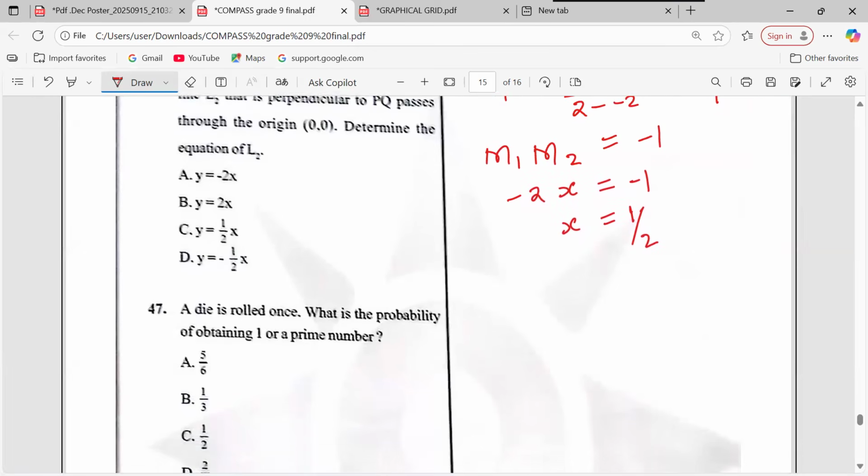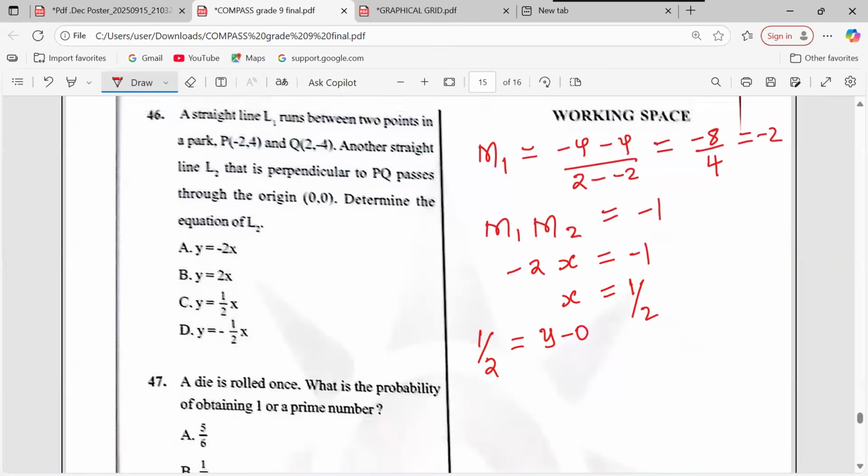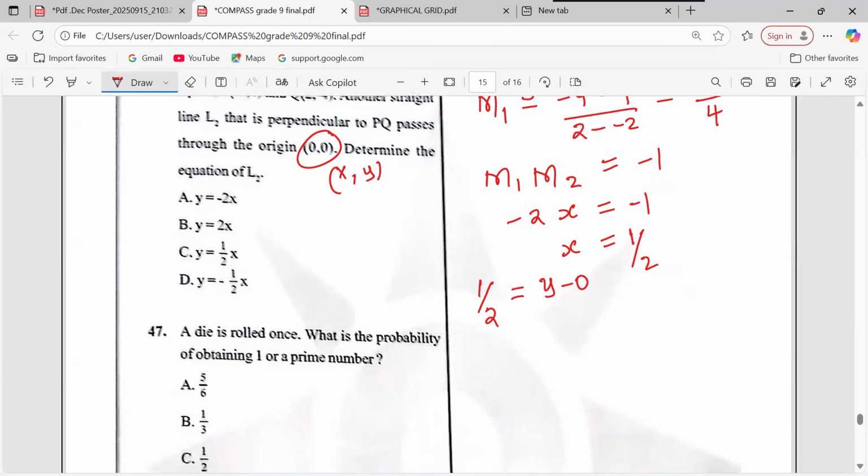Let's express this gradient for us to come up with the equation. So half equals change in Y, Y minus 0. Remember the line with a gradient of half is passing through the origin. So we use the origin and another coordinate xy: y minus 0 over x minus 0.